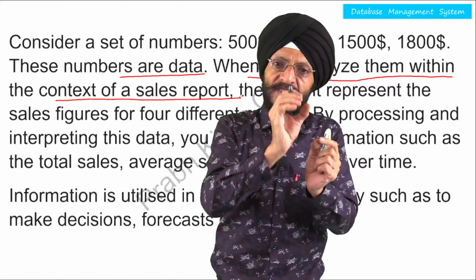Now we come to what is information. When the data is processed and transformed in such a way that it becomes useful to the users, it is known as information. Information is drawn from the data.